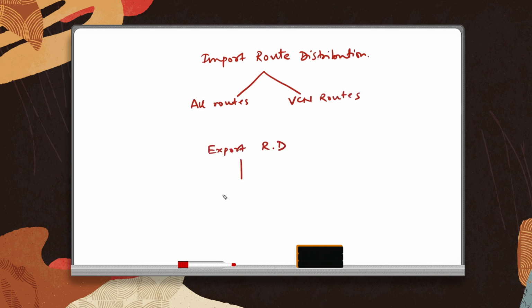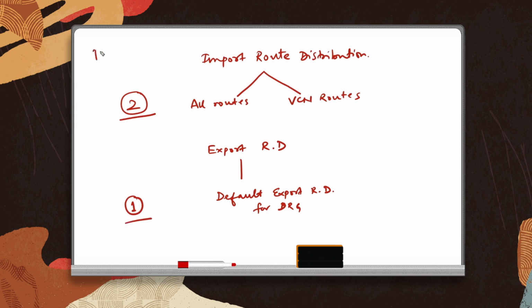There is just one which is known as default export route distribution for DRG. So two import route distributions get automatically created and one export route distribution gets created when you create a DRG.